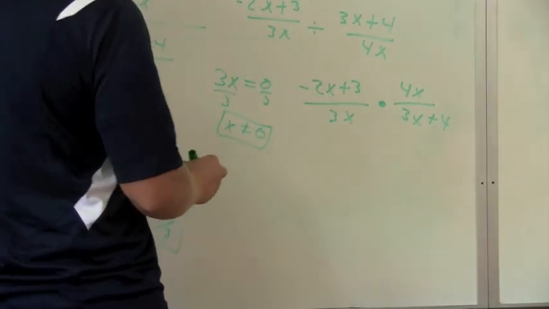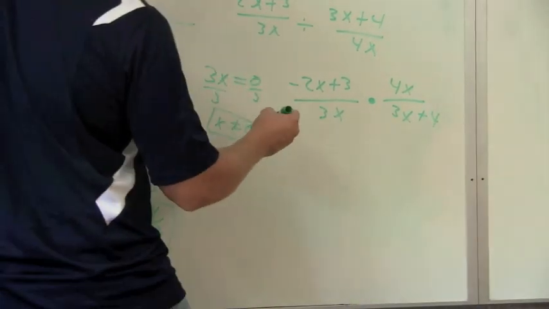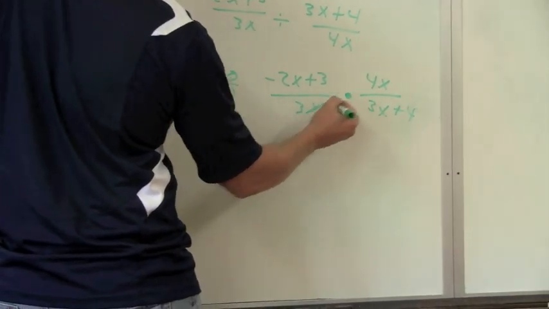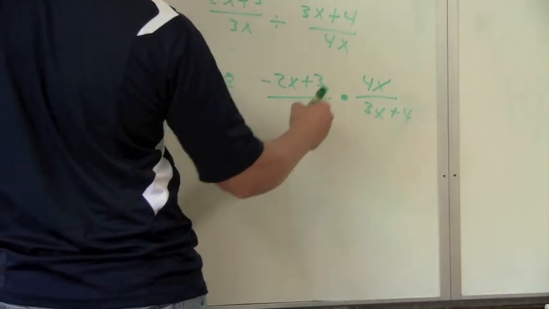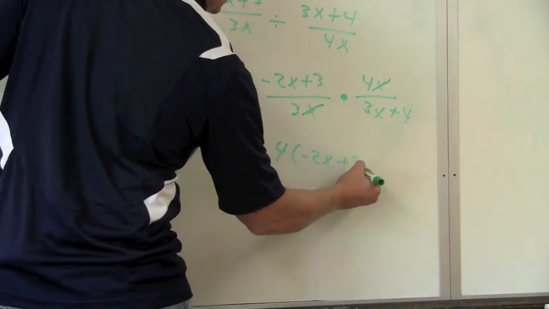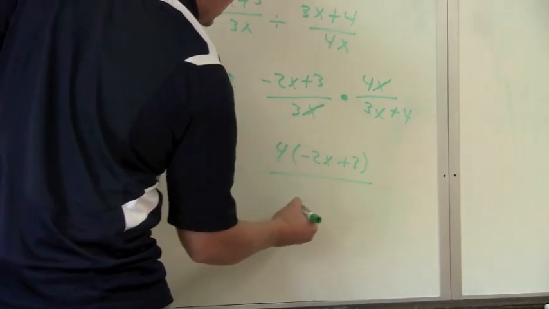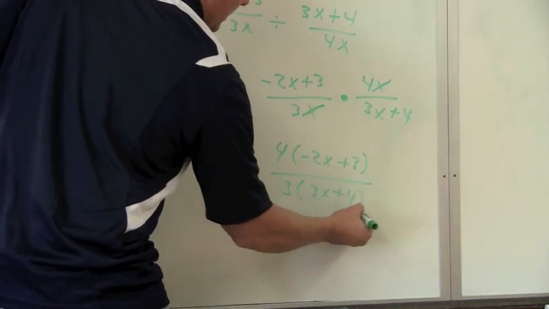We actually multiply now. So we end up with, oh actually I'm sorry, I can reduce by taking out an x. So I'm going to take out that x. So now I can multiply, I get 4 times the quantity negative 2x plus 3 over 3 times 3x plus 4.